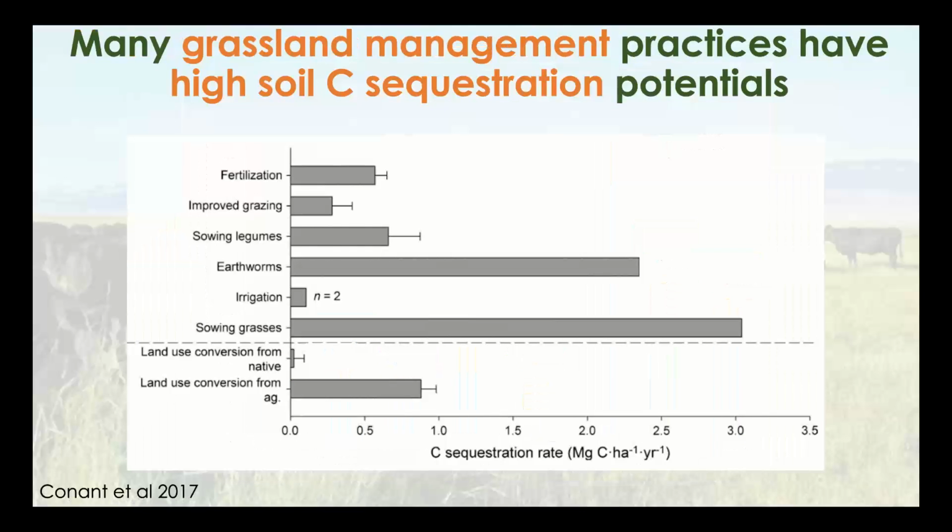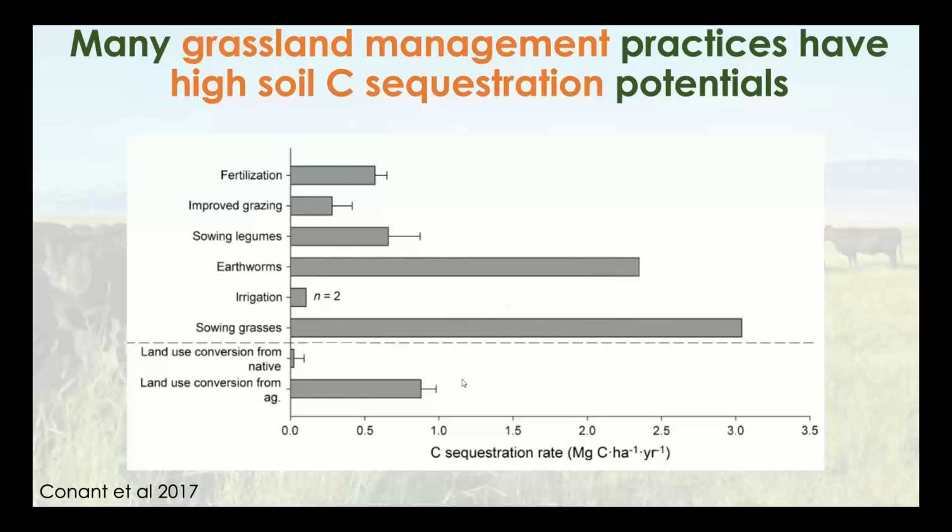Okay. And so grassland management practices have the potential to influence soil carbon accrual. This particular paper was a review of all of the studies that have come before, looking at different management practices such as fertilization, improved grazing, sowing legumes, earthworms, and irrigation and sowing grasses.